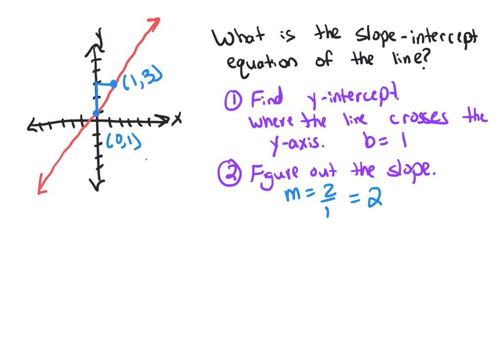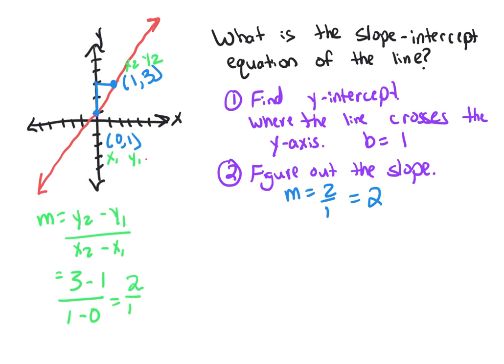We know our slope formula is y2 minus y1 over x2 minus x1. It doesn't matter which point you let be x1, y1. Here I labeled them on our graph. So y2 is 3, y1 is 1, x2 is 1, x1 is 0. 3 minus 1 is 2. 1 minus 0 is 1. So that gives us our slope is 2.